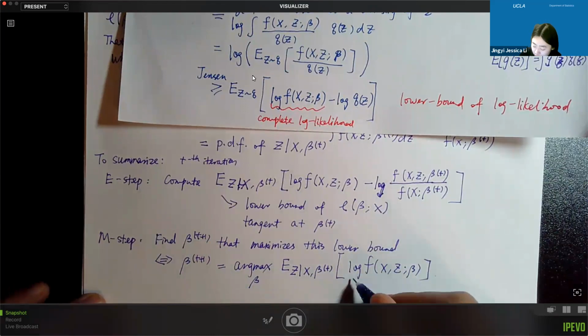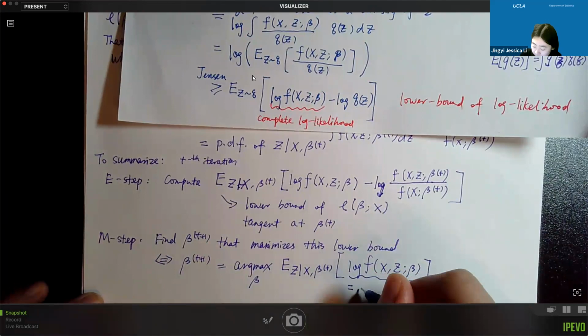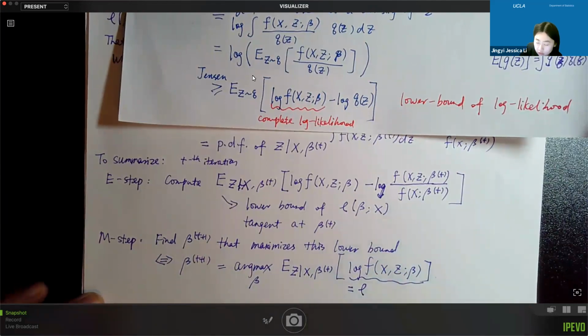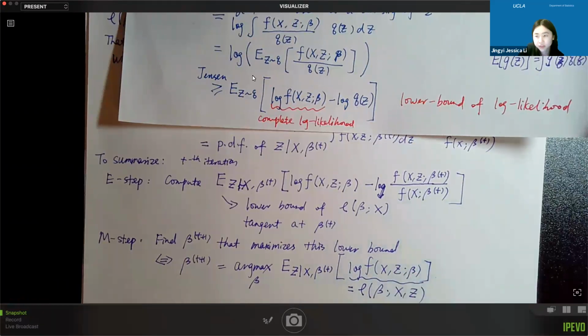Also, for the first term, to make it more clear, this is equal to the complete log likelihood of beta given x and z. That's the thing we can easily write down based on the complete data by assuming the latent variables are observed.